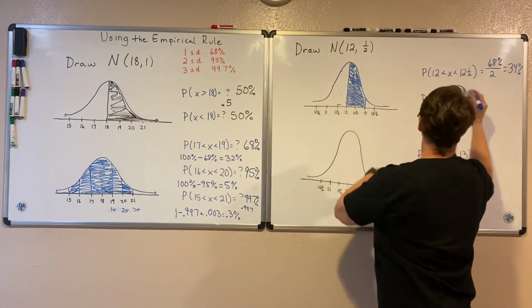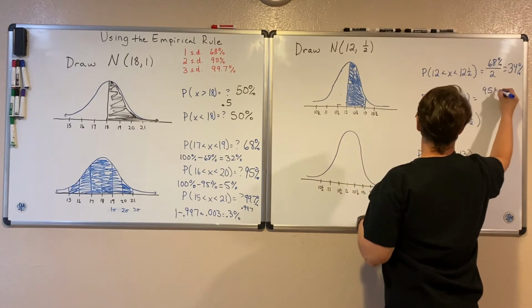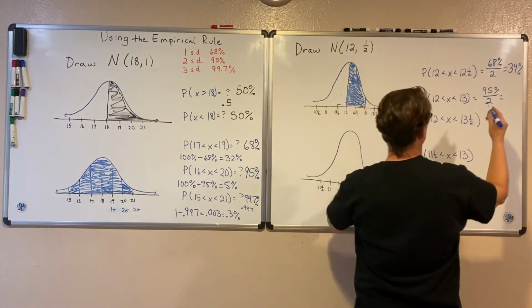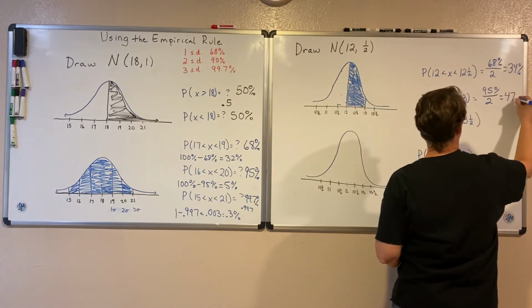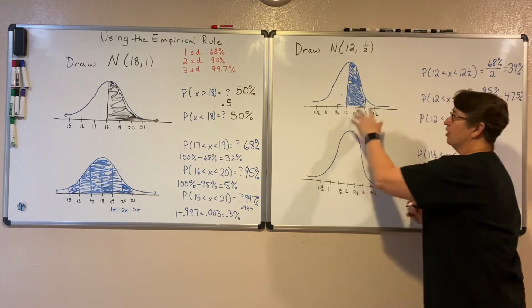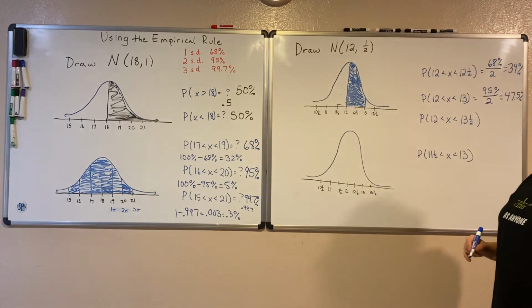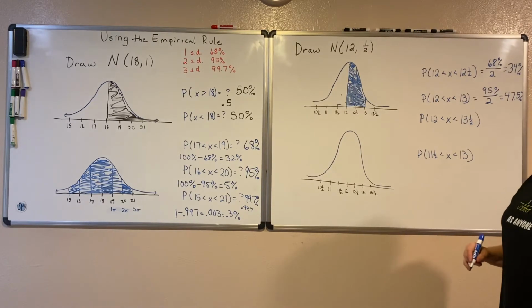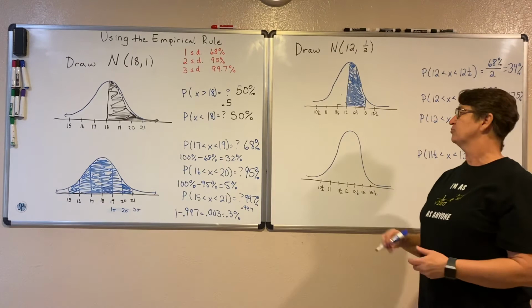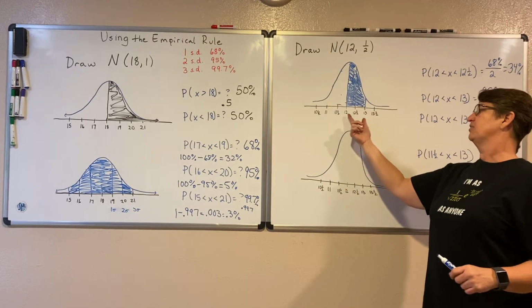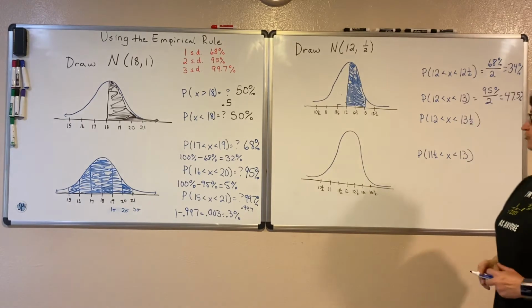So I'm going to take that 95% and cut it in half. And this percent is 47.5% of my curve between 12 and 13. So 47.5% of the time I would expect, if I randomly choose a data point in this data set, to get something between 12 and 13.